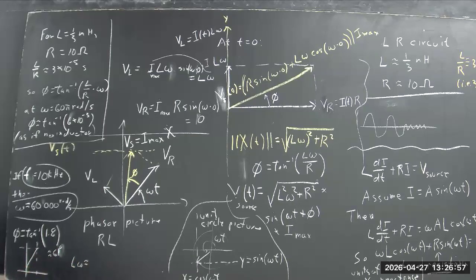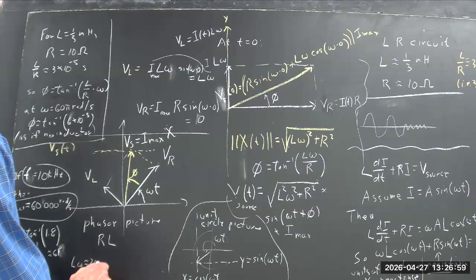A milli would give you 60/3 of that. Omega L is about 20 ohms.